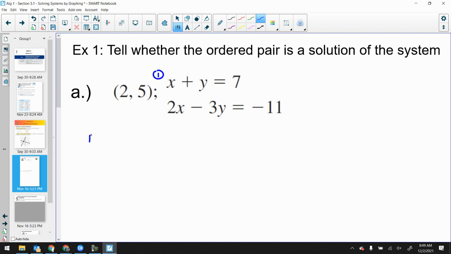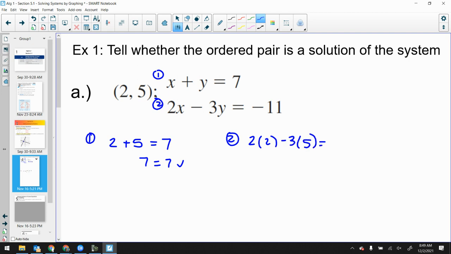Let's take a look at equation 1. Let's plug in 2 for x. Let's plug in 5 for y and see if it checks out. Is 2 plus 5 7? Yeah. So it checks out for the first equation. Can we stop? No. We have to check it for the second as well. So we have 2 times 2 minus 3 times 5. Is that 11?